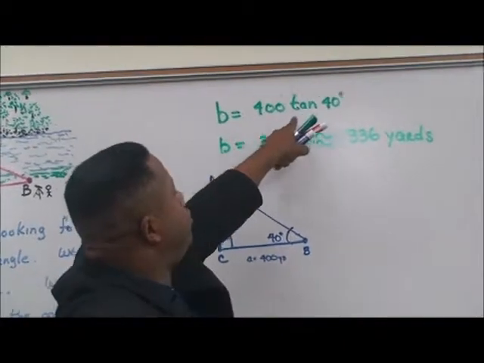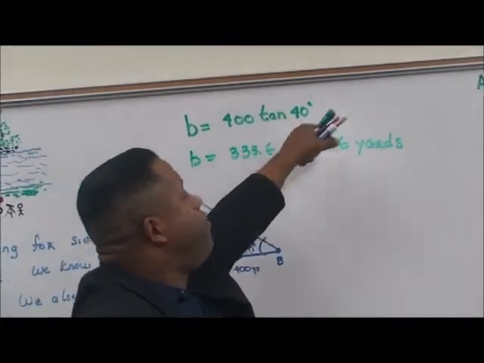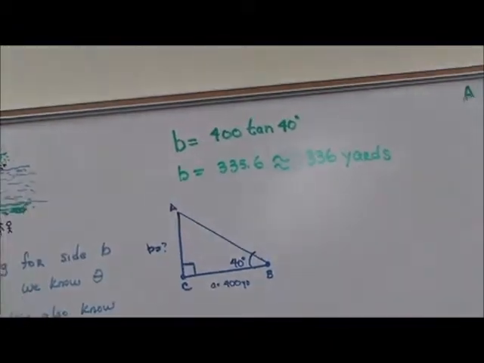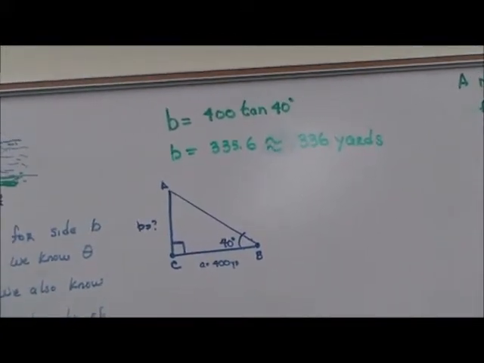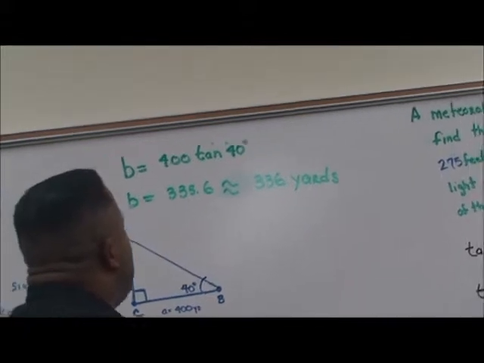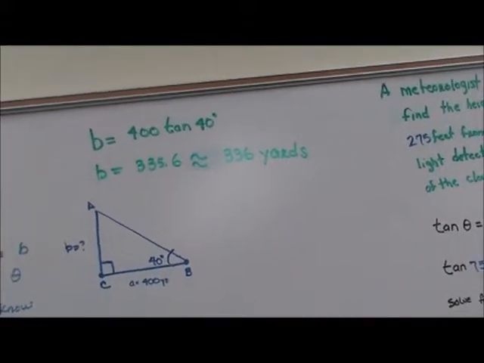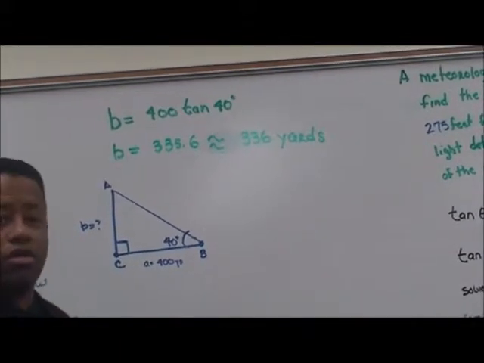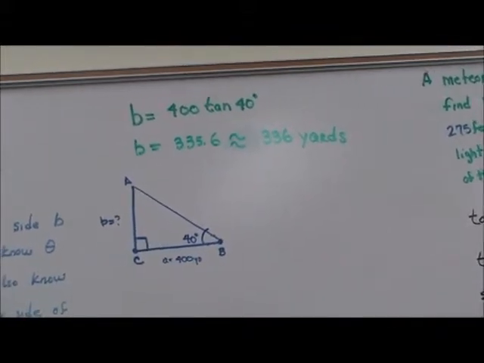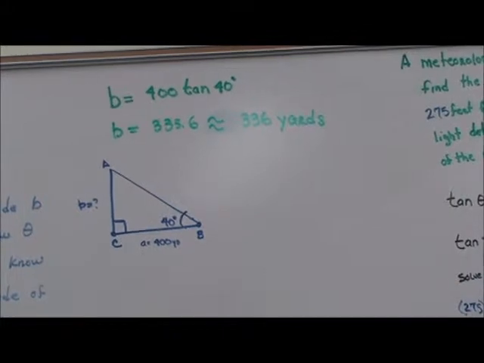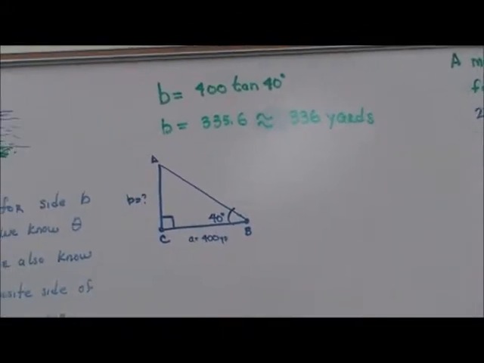B is equal to 400 tan 40 degrees. When you multiply that out, you end up with 335.6 yards, which rounds to 336 yards. That is the width of the river from here to here.